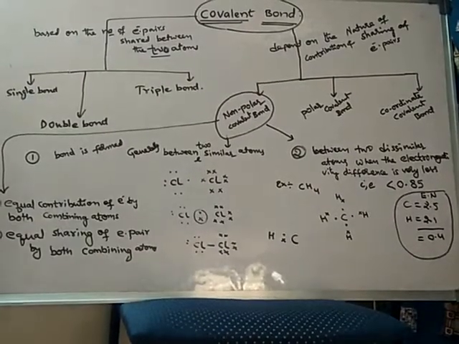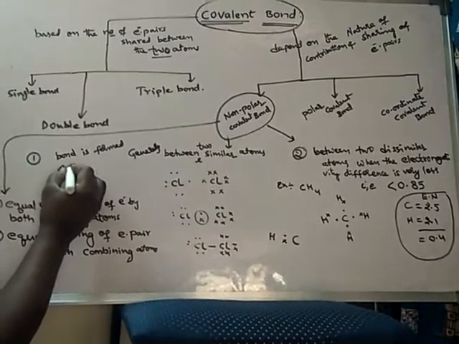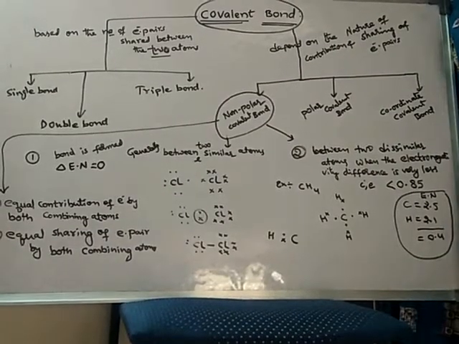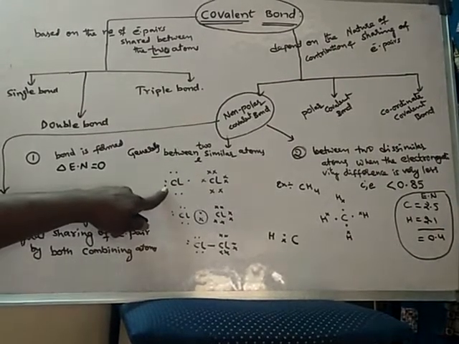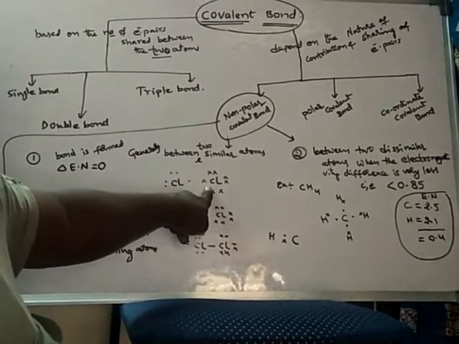Here the difference in electronegativity will be 0, because this chlorine has electronegativity of 3.5 and this chlorine also has electronegativity 3.5.